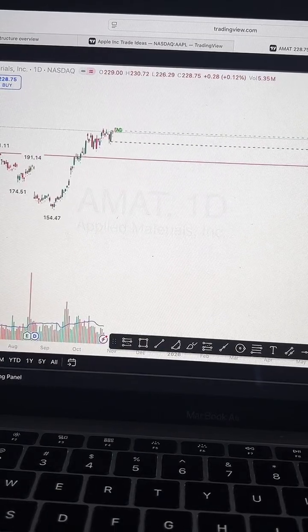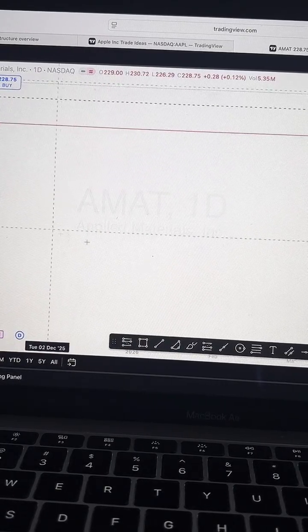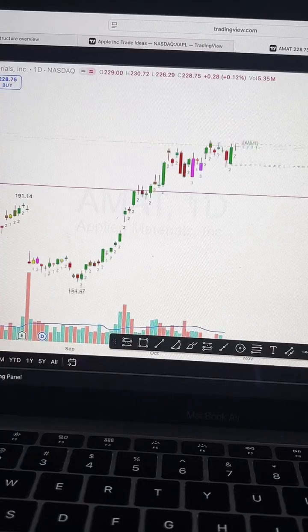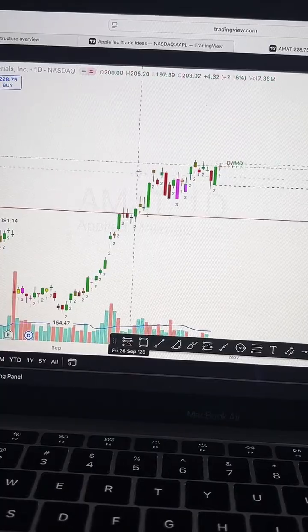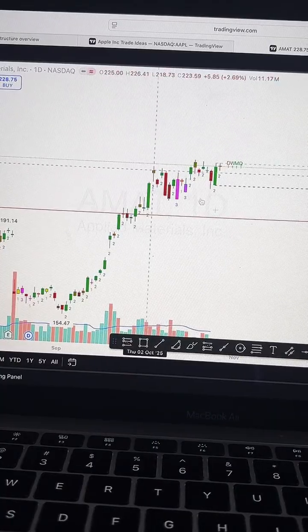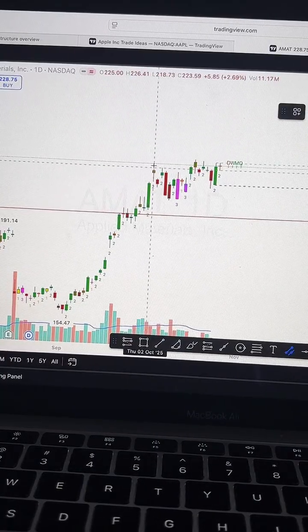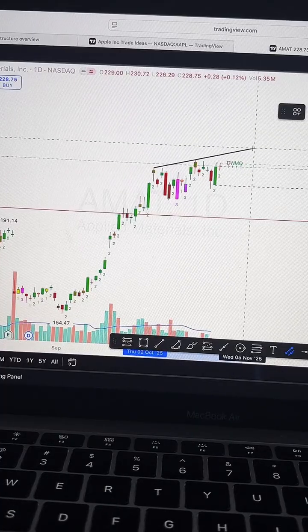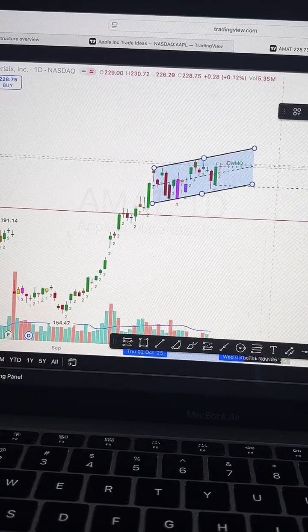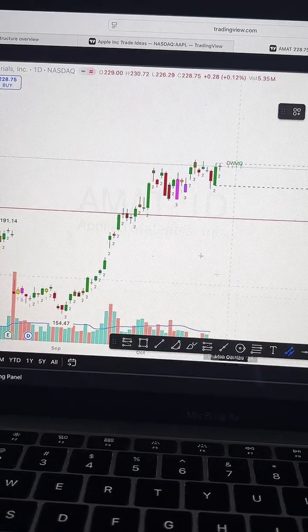Might be possibly, let me see. So we broke this level. We have a swing high here. It's not really, well, I wouldn't say an uptrend.